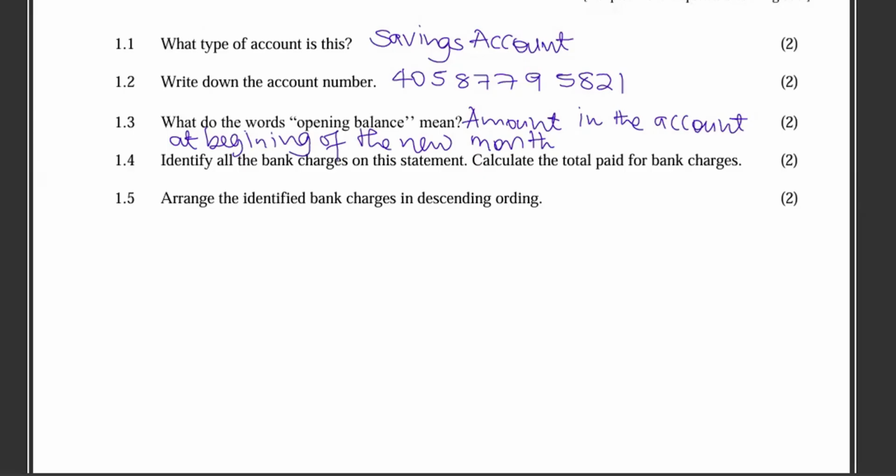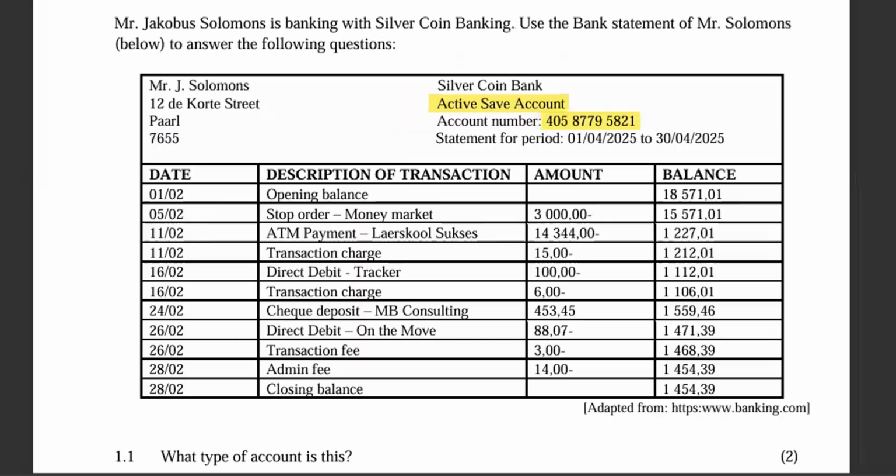Identify all the bank charges on the statement. Calculate the total. So we're going to identify. Let's come here. Bank charges will be anything that you see here. We have transaction charge, that's 1. Transaction charge, that's 2. Transaction fee, 3. Admin fee, 4.